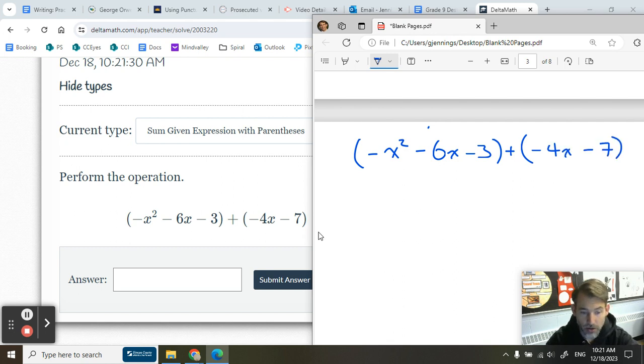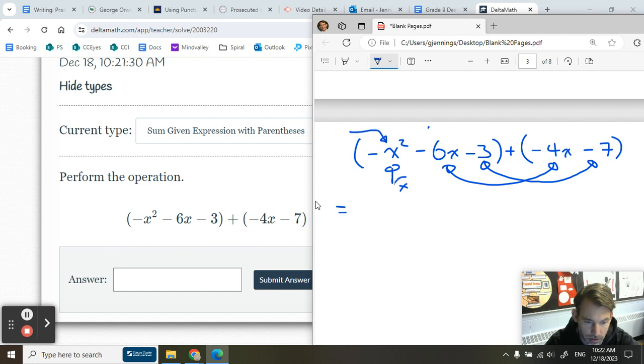Okay, so now I only have x's as my only variable, but I also have times where the variable is being squared. Okay? We can combine these two, they're like terms. We can combine these two, they're like terms. This one ain't got no like terms. It's unique. Okay, it's an x squared.